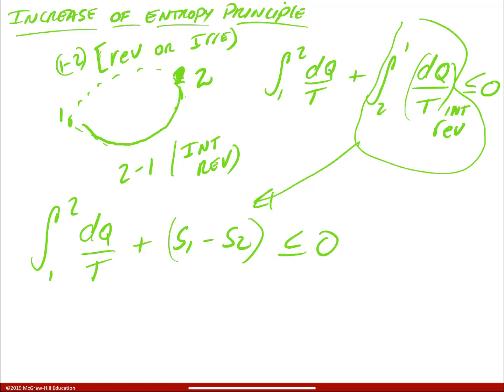If I rewrite this equation, S2 minus S1 is more than or equal to the integral of dQ over T from 1 to 2. I just rearranged everything. If I keep rewriting this equation, I will get that dS is greater than or equal to dQ over T.